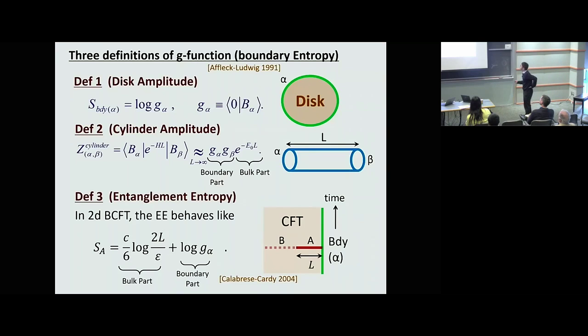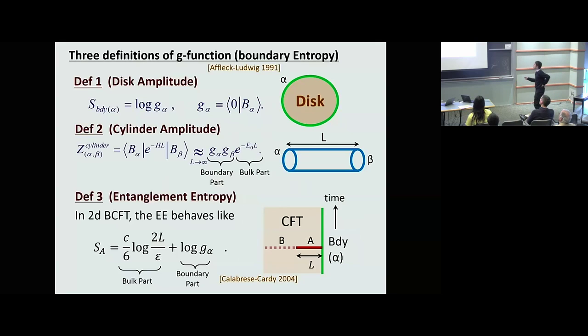There are three definitions, and they are equivalent. The first one is to compute the disk amplitude with some conformally invariant boundary condition, labeled by alpha, so the result of course depends on alpha. Let's call this g_alpha. This is the g function, but we often take a log of this, called the boundary entropy. So let's call log g the g function.